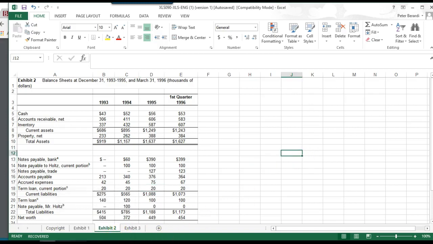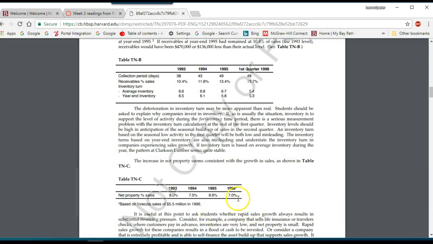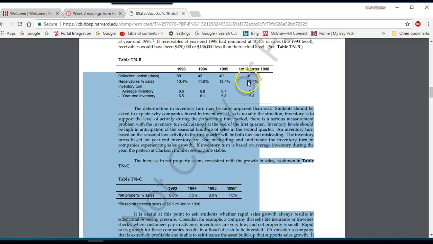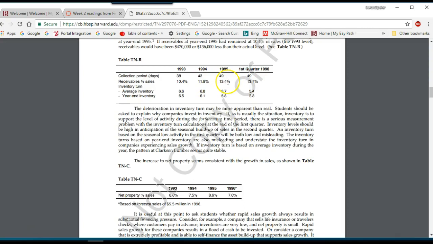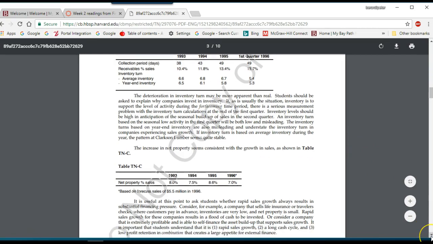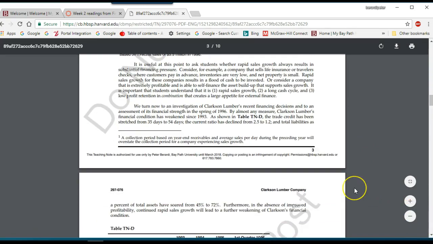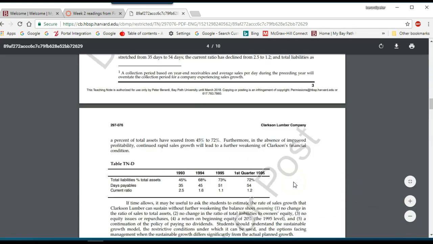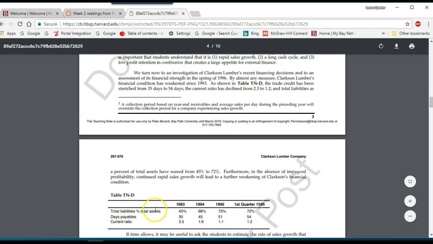Now, on the balance sheet, they give us some tips. On the balance sheet, you can certainly use 7% here. You can use an average receivable here. You can figure out what your inventory is going to be based on what turns you want, so use your formula for inventory. Accounts payable, total liabilities as a percent of sales. Okay, 73%.